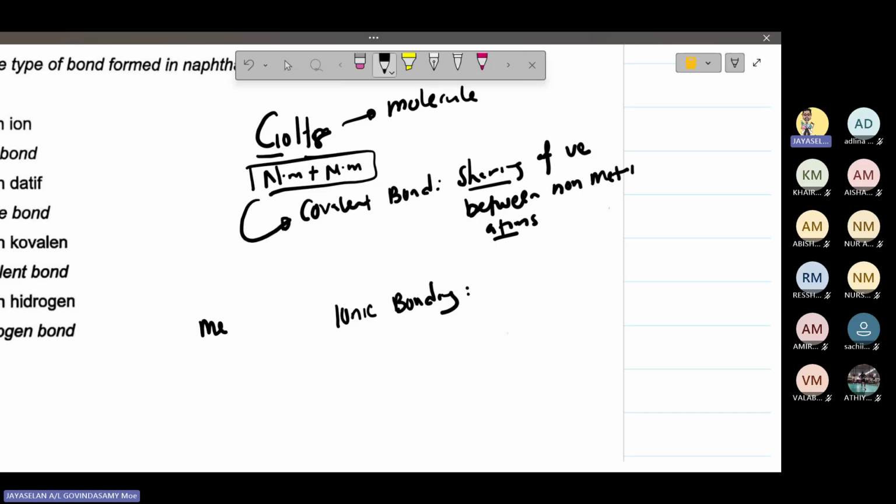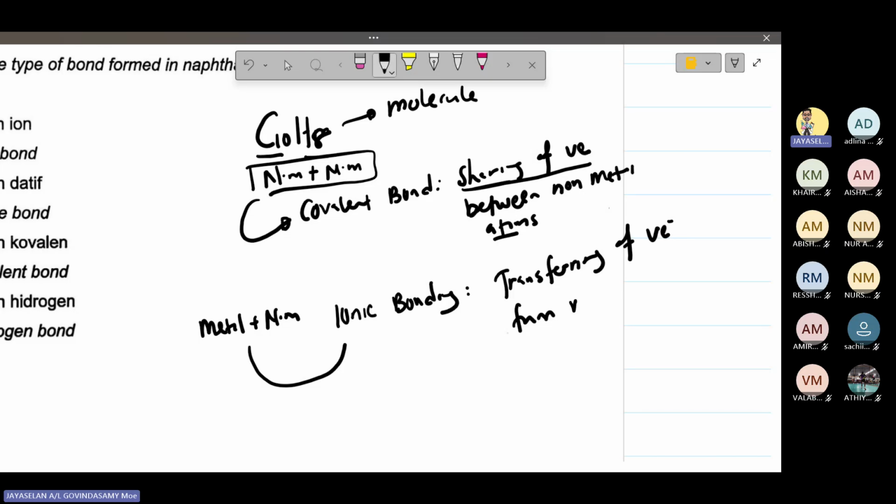Metal plus non-metal is ionic bond. Covalent bond, sharing of valence electron. Ionic bond, you must put this word, transferring of valence electron from metal atom to non-metal atom. Then only you get marks. So please remember this one.